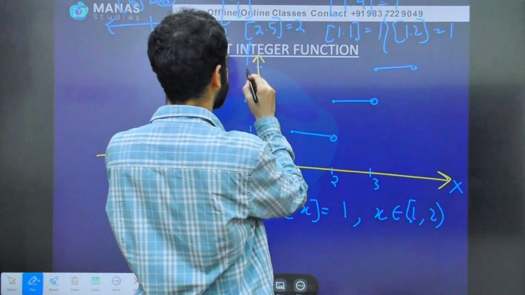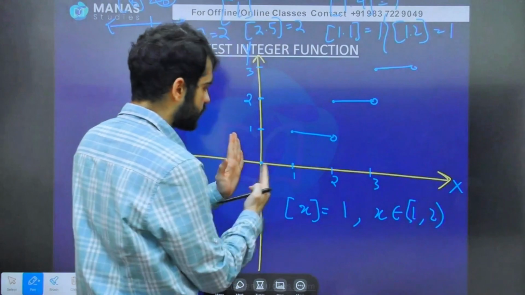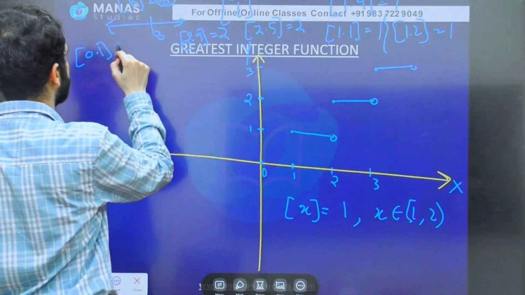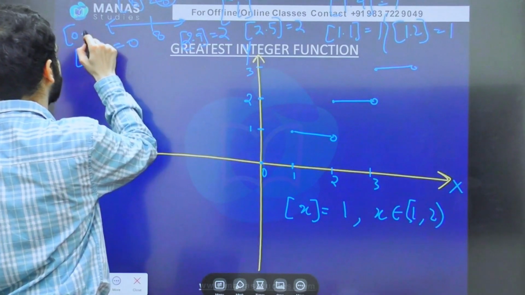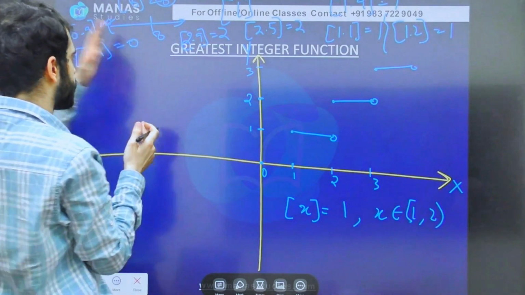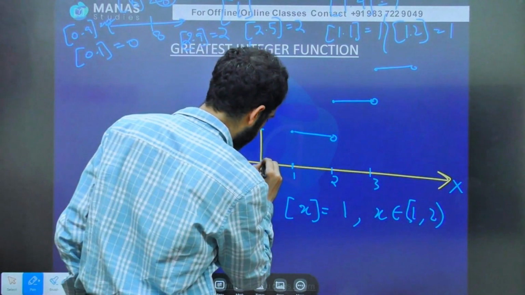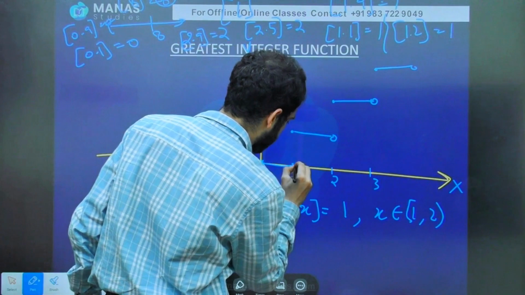So now as you can see, this is going to be a step function. Between 0 and 1, if I input 0.1, then the GIF of 0.1 is going to be 0. GIF of 0.9 is also going to be 0. That is the greatest integer on the left hand side of these numbers. So the graph in this portion would look like this.